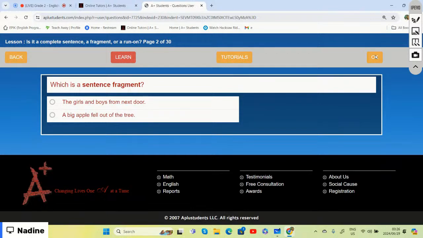All right, and if we were to choose the sentence fragment, remember the sentence fragment we said is either missing a verb or it's missing a subject.